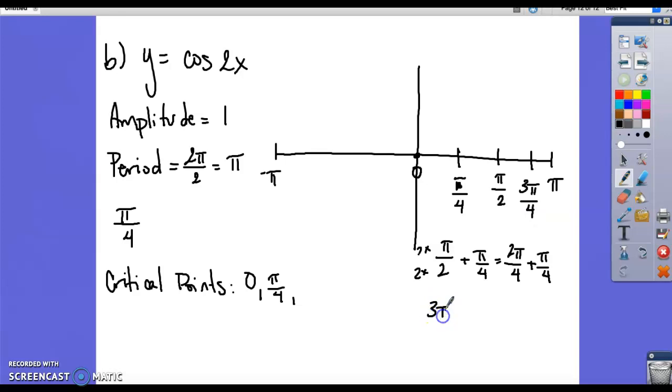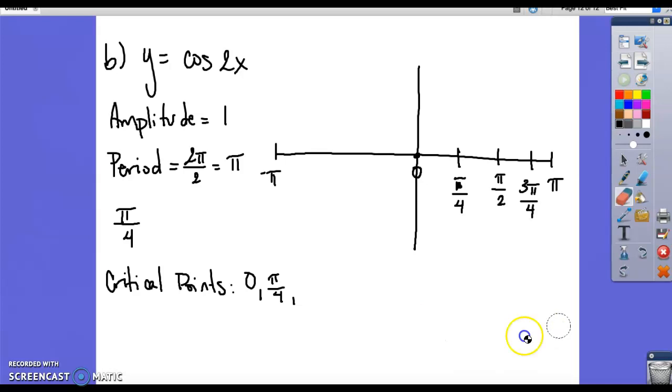And if I take 3 pi over 4 and add pi over 4, I should get pi, which I do. That confirms that the last interval is also pi over 4 units long, and it's going to be the same in the negative direction. Like I said, you don't have to write those out; I was just writing them down there to organize this a little bit.